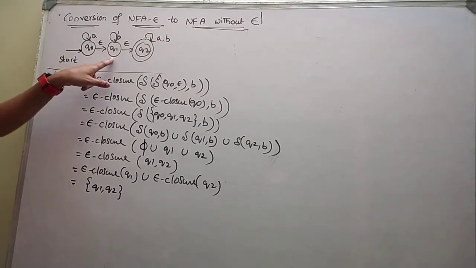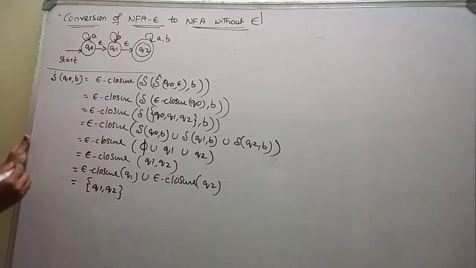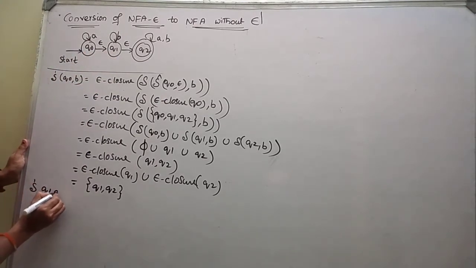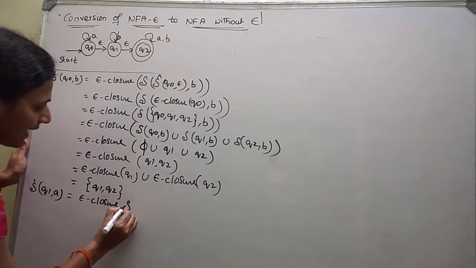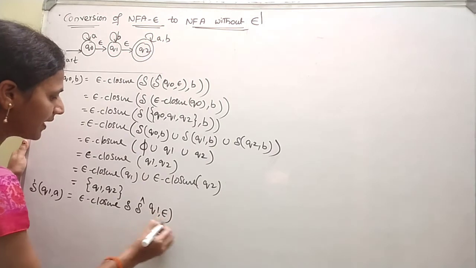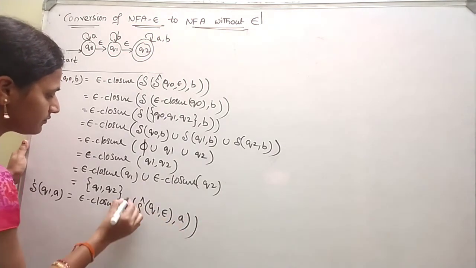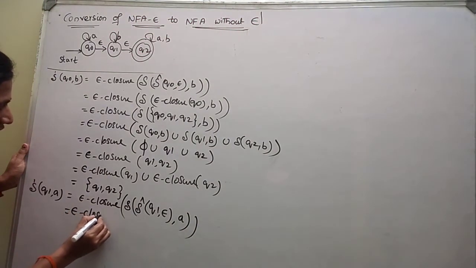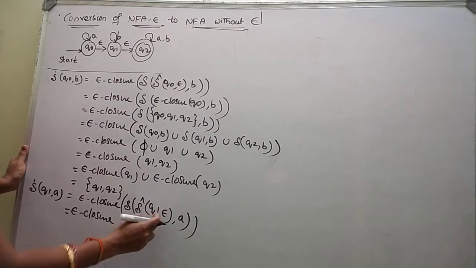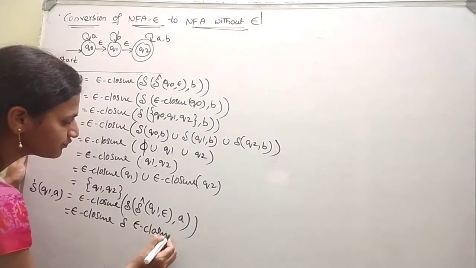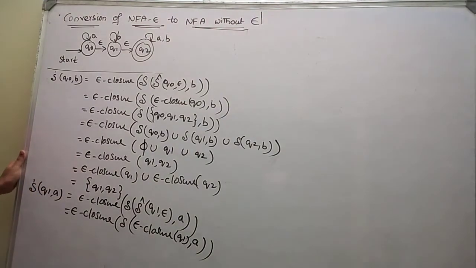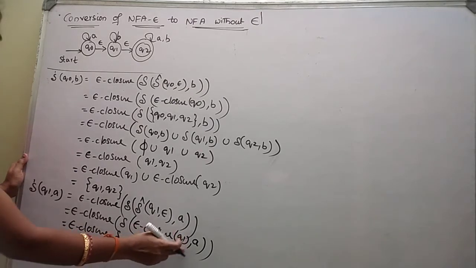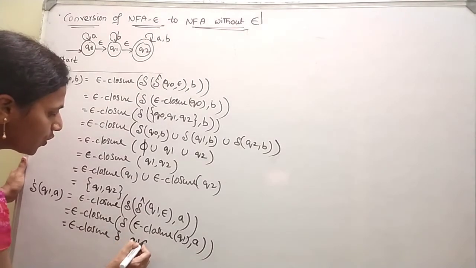In the same way we compute the mapping function for the Q1 state, that is delta dash of Q1 comma A. This can be written as epsilon closure of delta cap of Q1 comma epsilon comma A, that is epsilon closure of delta cap of Q1 comma epsilon, which is nothing but epsilon closure of Q1, comma A. Epsilon closure of Q1 is Q1 Q2.